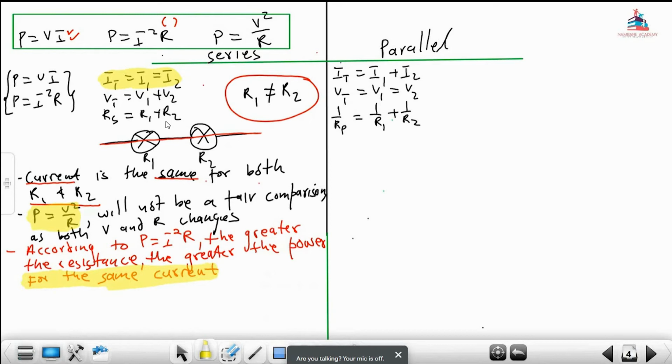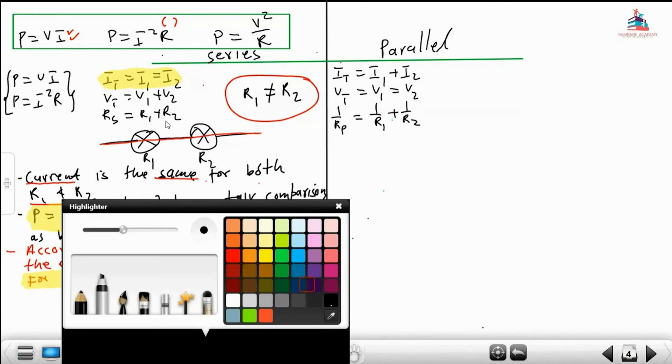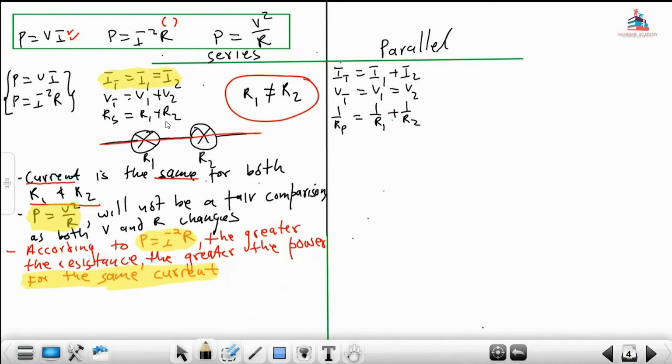And if they are in series, I will be in a position of explaining using this equation here, because usually this becomes around 4 or 5 marks as to explain why the brightness of different bulbs differs. So we are going to use this as a principle for us to know exactly what we need to use when answering such types of questions.